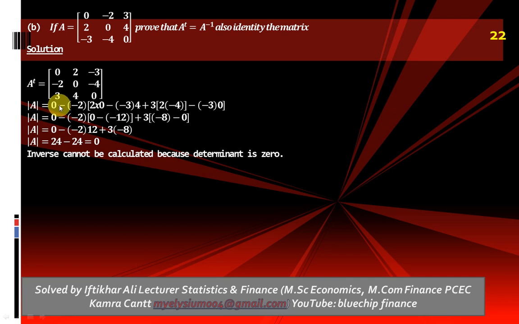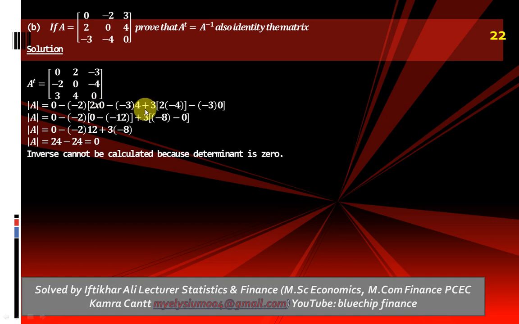After that, place the minus sign and take this minus 2 here, and the column and row will be excluded from this. So remaining values are 2, 4, minus 3 and 0. So 2 multiplied by 0 minus 4 multiplied by minus 3, as it is given here.